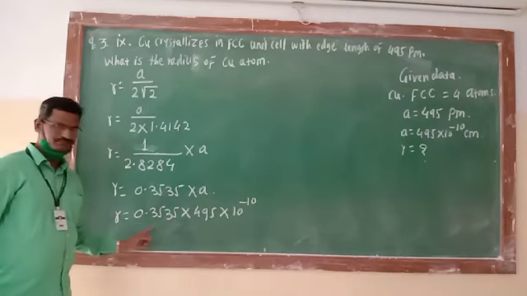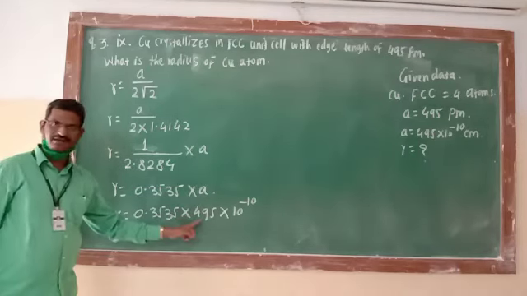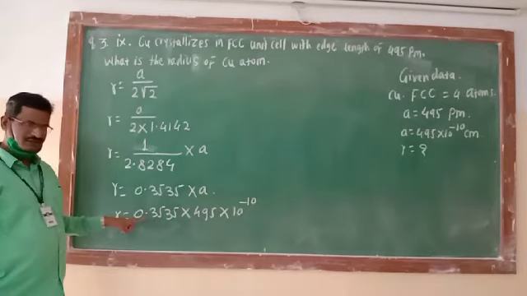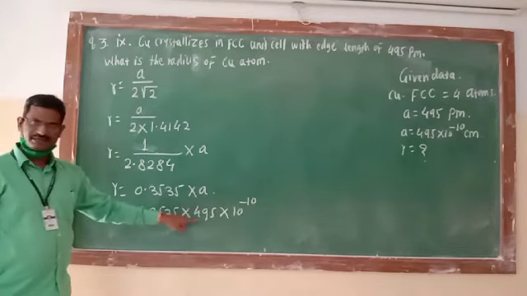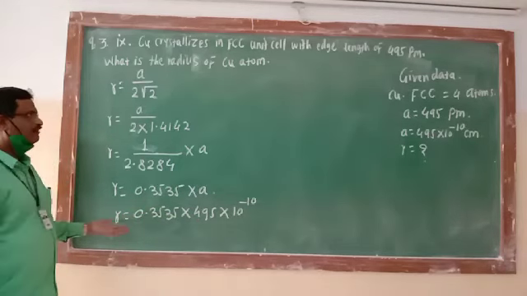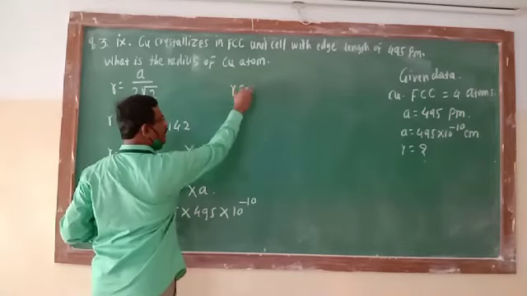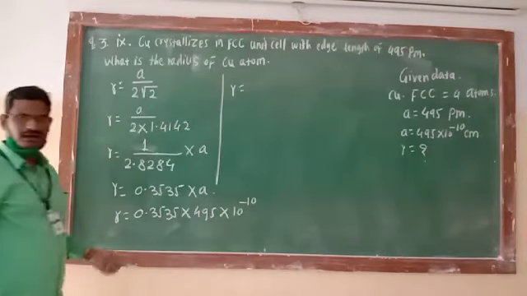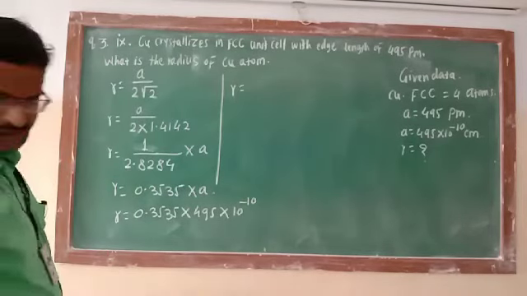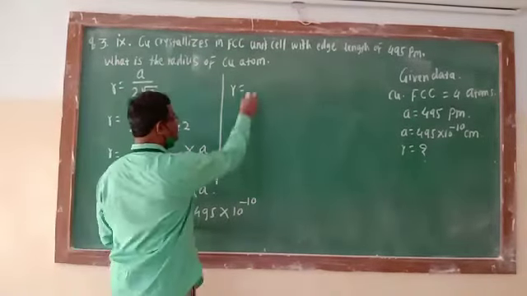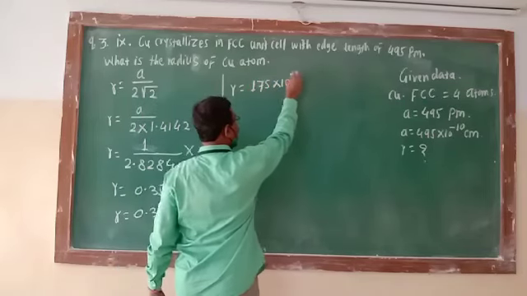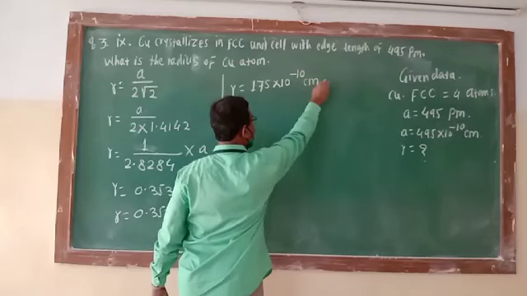Log of first term plus log of second term and then antilog. We will get the final answer for radius r, and that is equal to 175 into 10 raised to minus 10 centimeter.